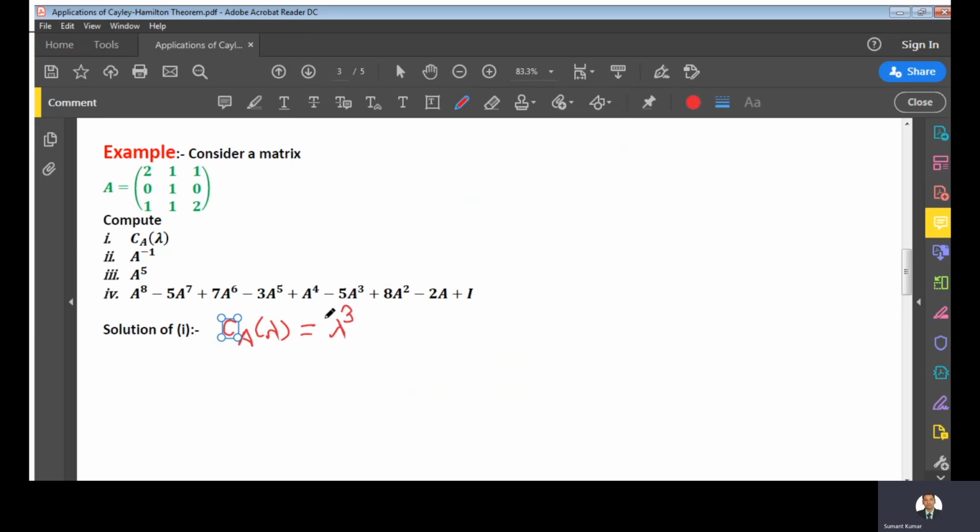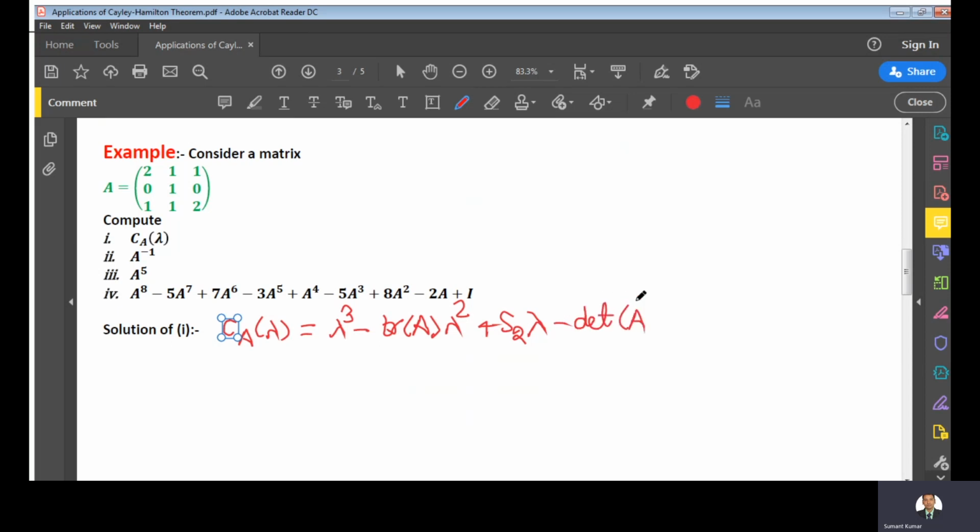Why am I taking a polynomial of degree 3? Because this is a square matrix of order 3 by 3. Minus trace of the matrix times lambda square, and plus S2. S2 is the sum of the principal minors of order 2, and minus the determinant of the matrix A.